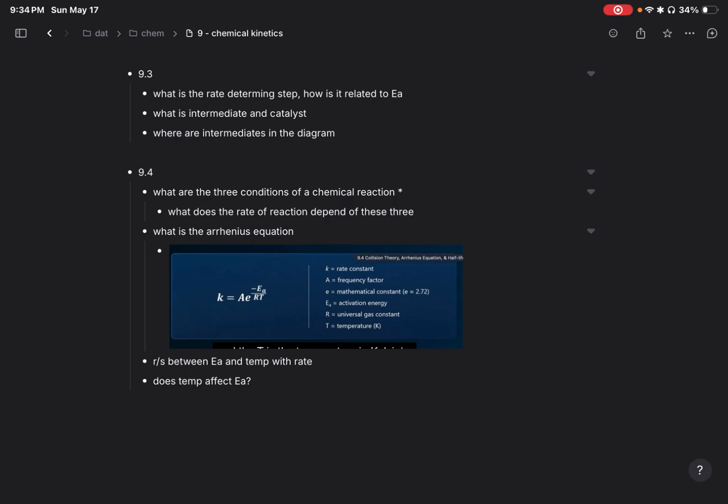So as you increase activation energy. Wait, hold on. As EA decreases, you'll have a faster reaction. That makes sense, but I don't really get it from the Arrhenius equation standpoint. If you increase the reaction rate, you're going to have a higher power.